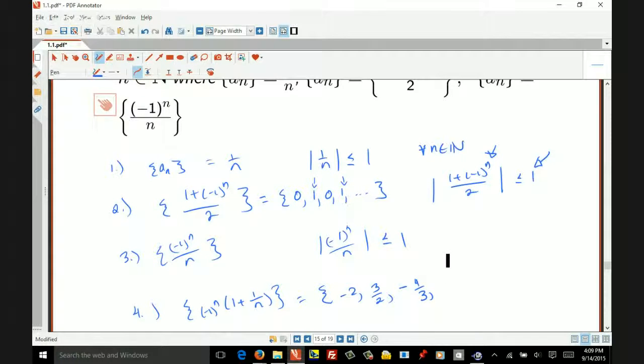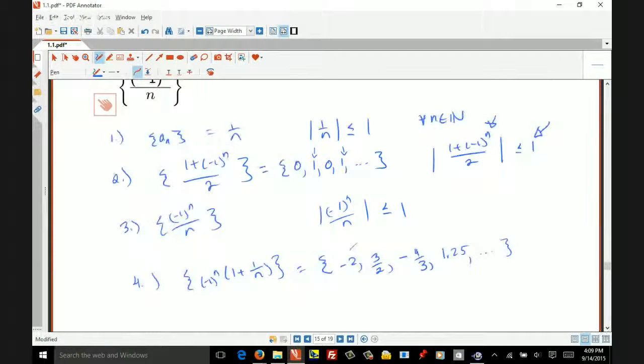When n is 4... Okay, so where are the negative guys going? Not quite to 0. I would submit that they're going to negative 1.